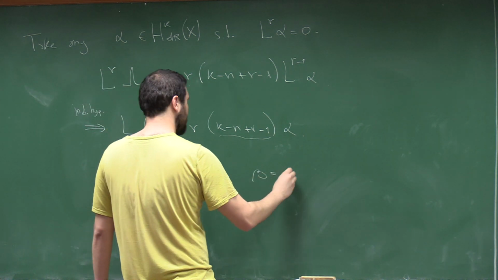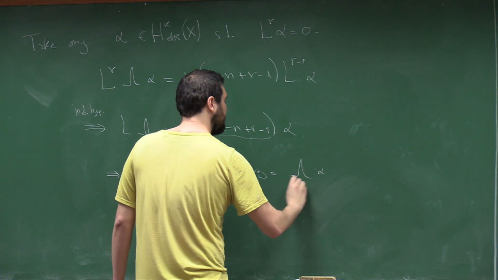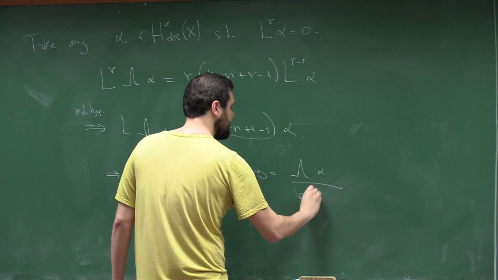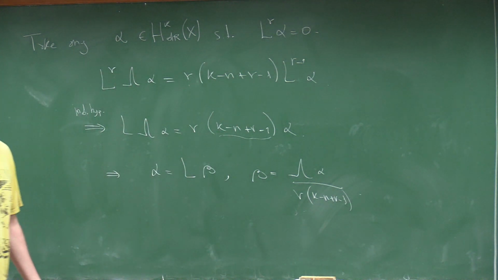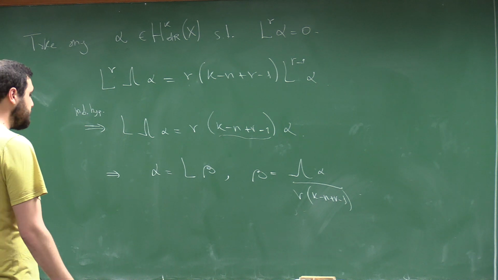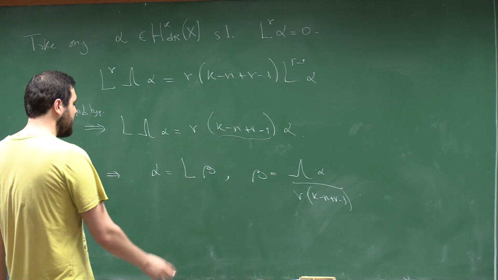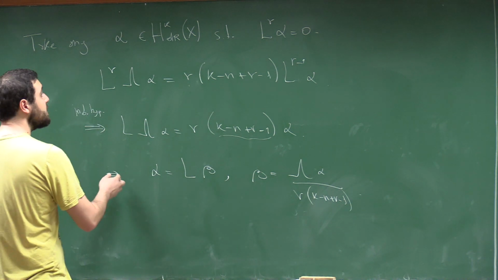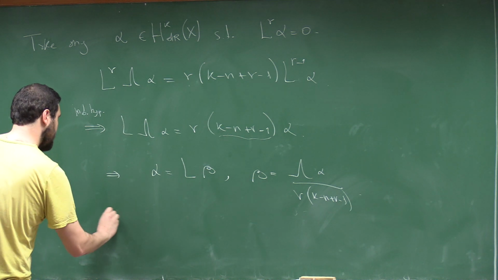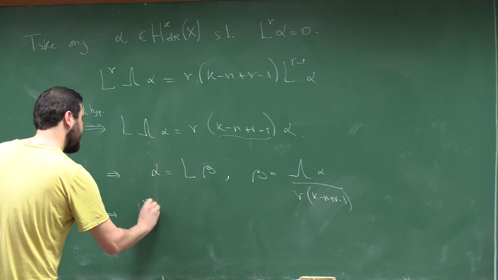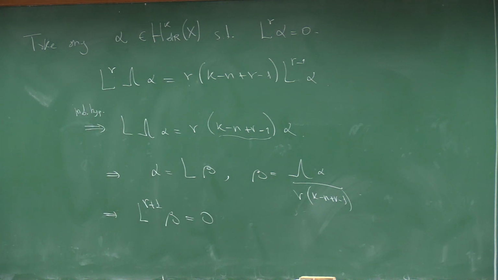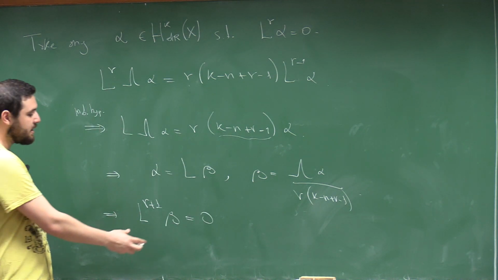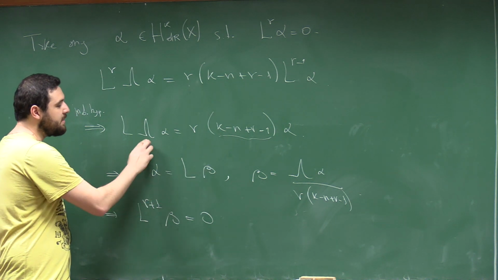In particular, we can write alpha as L of something, L of beta, where beta is lambda alpha over r times k minus n plus r minus 1. Obviously. And so what this implies is that L to the r plus 1 of beta is 0. But beta is lambda of alpha.